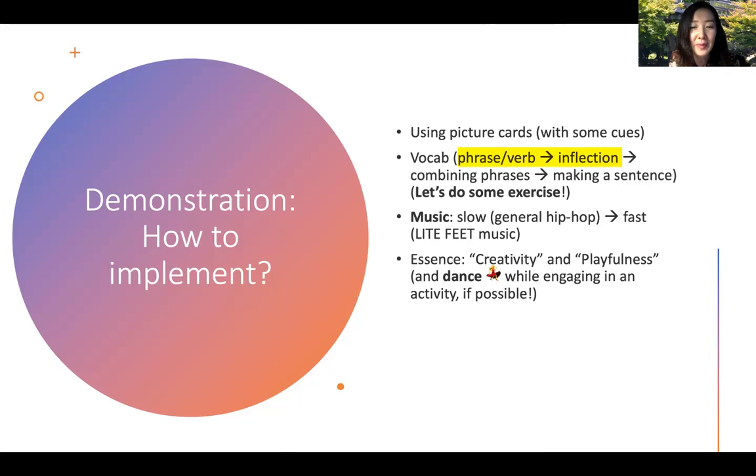And always remember the essence is creativity and playfulness. And please dance, please dance. Have your students stand up, not just sitting, right? Too much screen time is not really great. So stand up and sit down, really simple movements would help. Please dance, but put yourself on mute, okay?